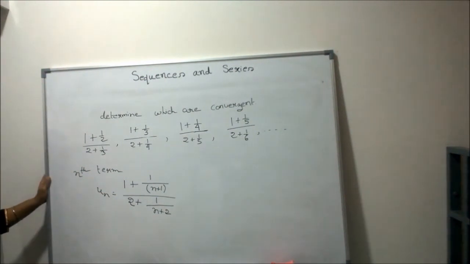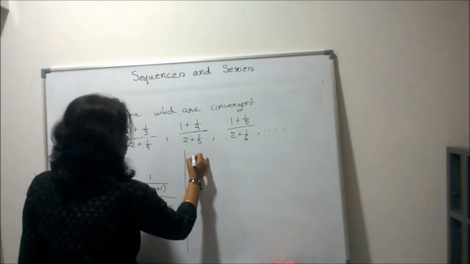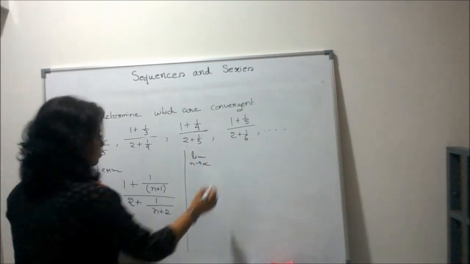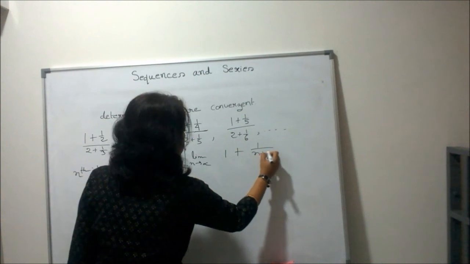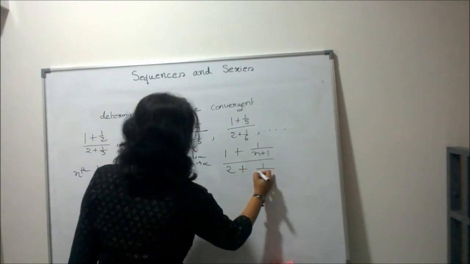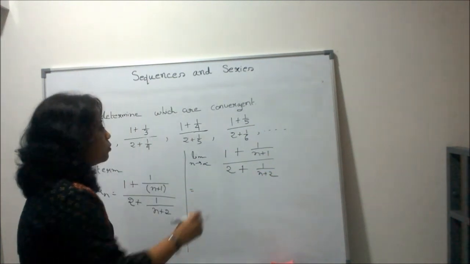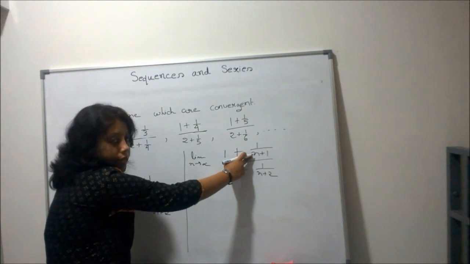Now we will consider whether it is convergent or not. So to do this, we take limit n tends to infinity of 1 plus 1 by n plus 1 over 2 plus 1 by n plus 2. Here we know that the 1 by n form tends to 0 when n tends to infinity.